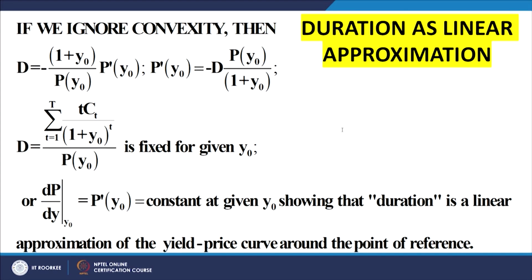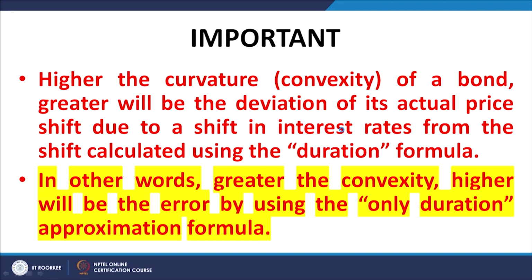Duration gives you the linearized impact, assuming that the yield price curve is a straight line in the infinitesimal neighborhood of that point. So, duration is the linear impact, I repeat, and convexity adds on to it the impact due to the curvature of the yield price curve.